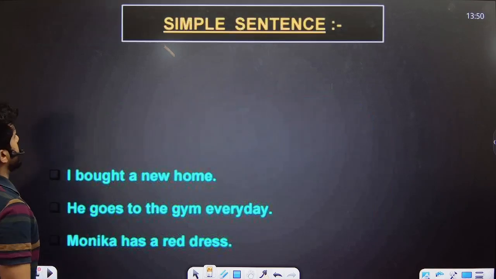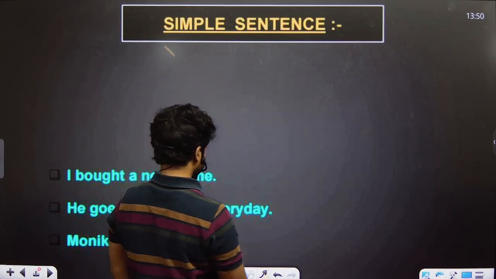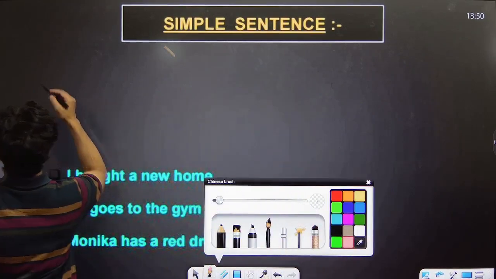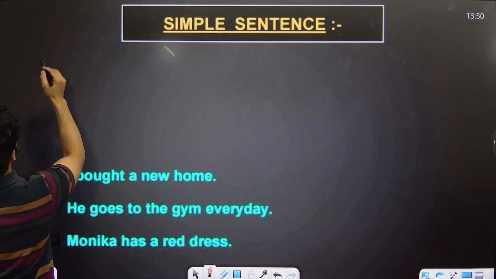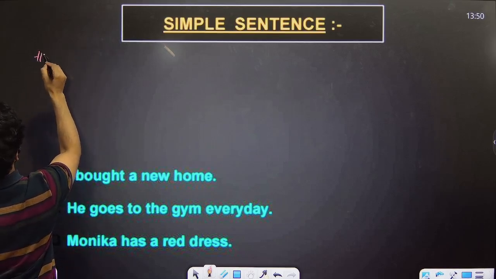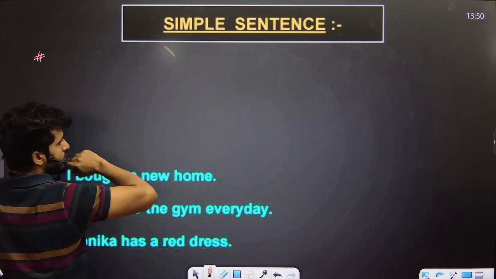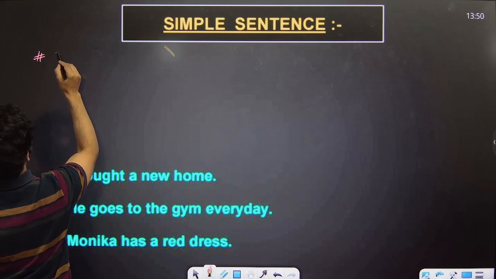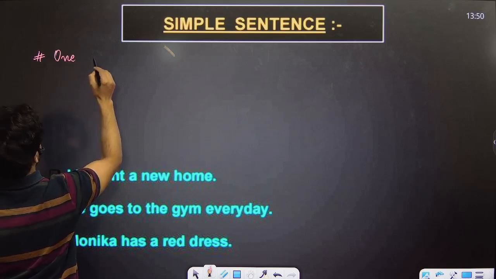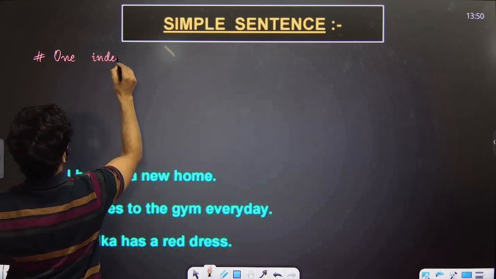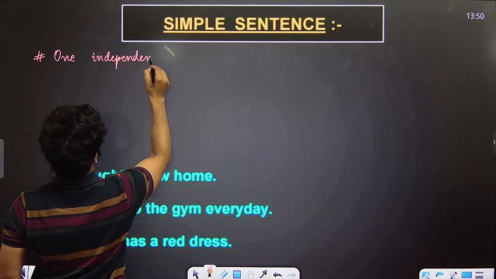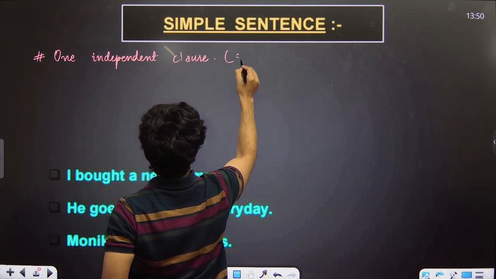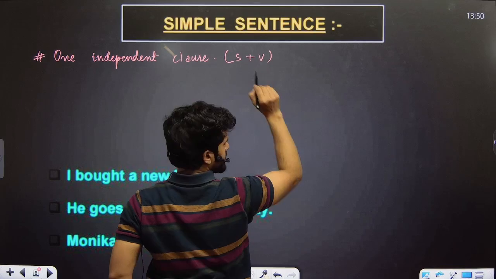Let's understand the simple sentences. See, the simple sentences, to whom will you call a simple sentence? They will have one subject and one verb. That means they will have one independent clause, that is a single subject and single verb.